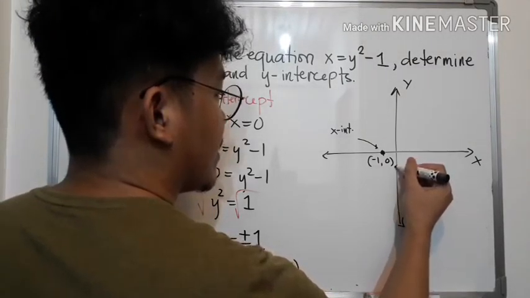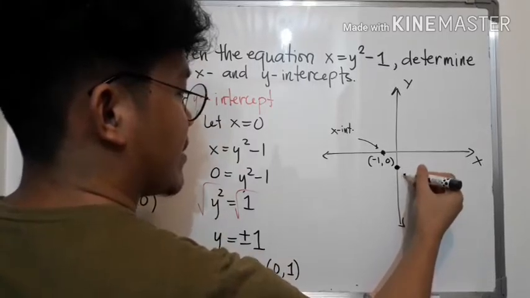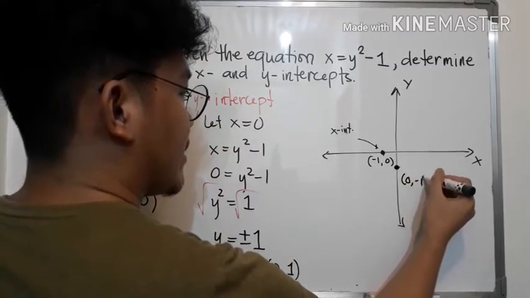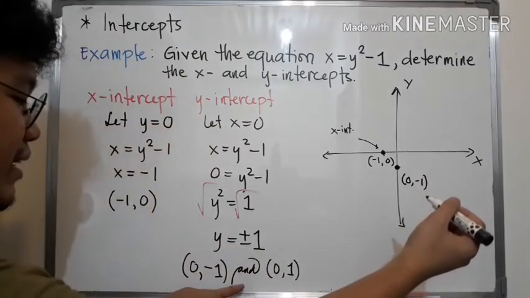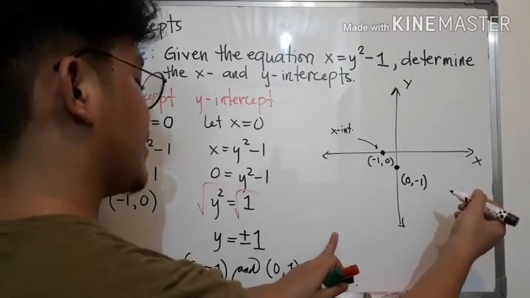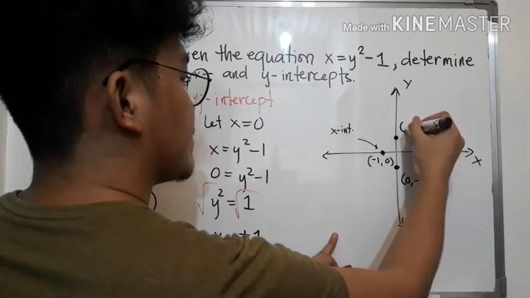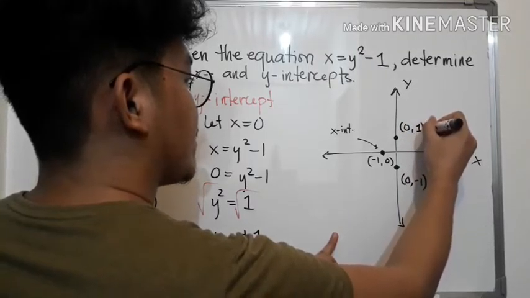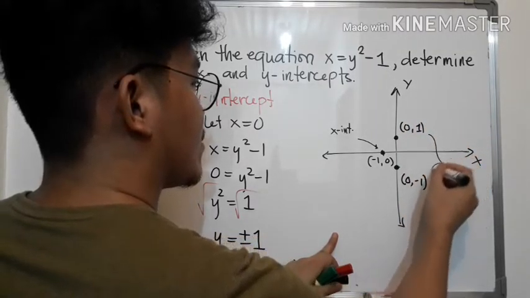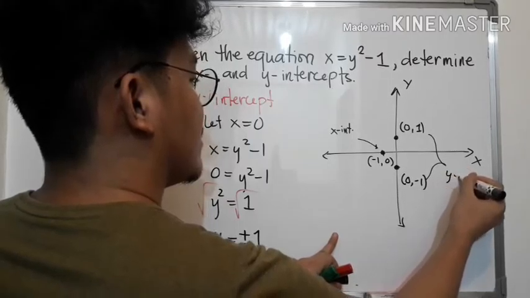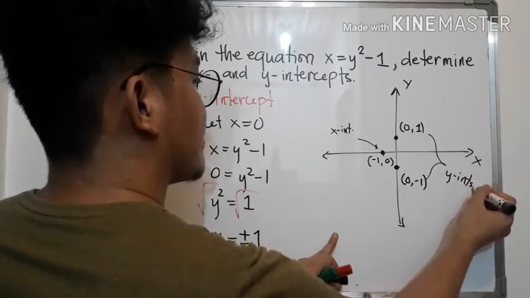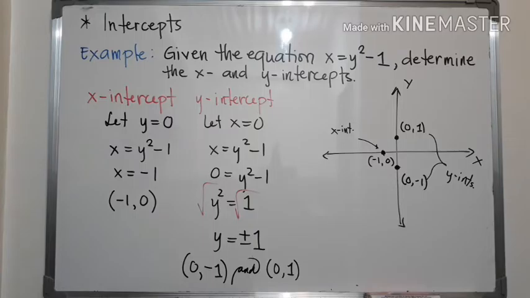Say this is negative 1, therefore this is (0, -1), and the other one is (0, positive 1). So these two are the y-intercepts.